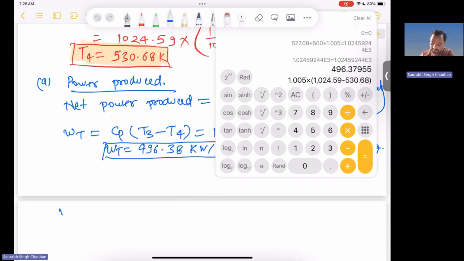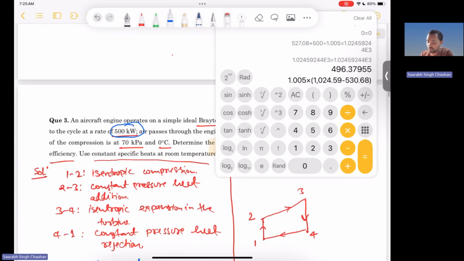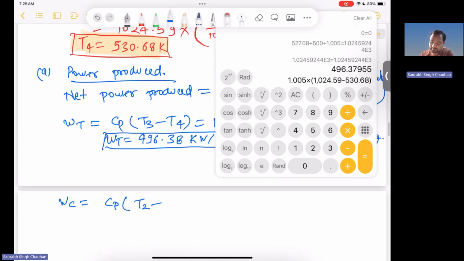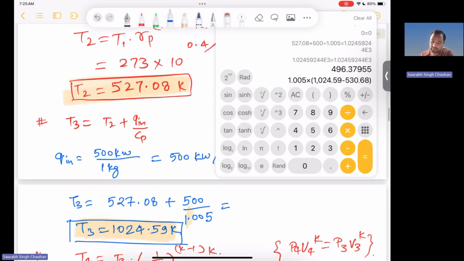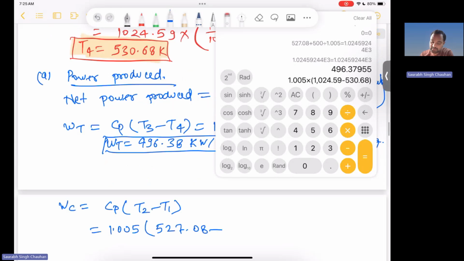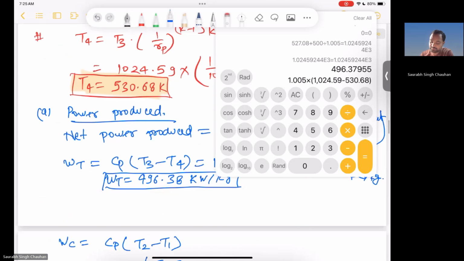So this is work output of turbine, but we also need work input to the compressor. This will be equal to Cp, and where is the compressor? Compressor is from 1 to 2. So T2 minus T1. 1.005. T2 is 527.08, minus T1. T1 is 273.